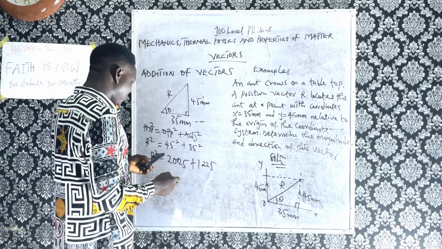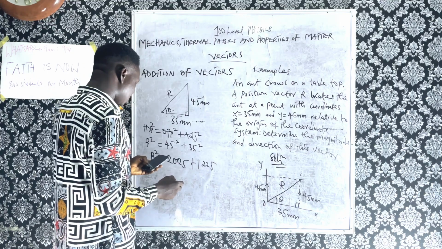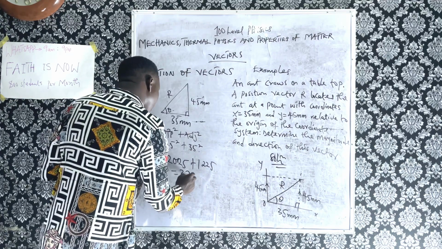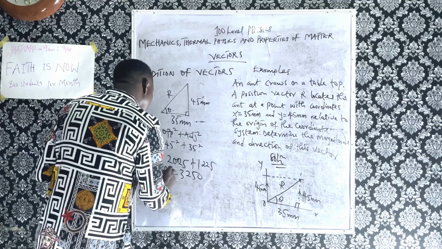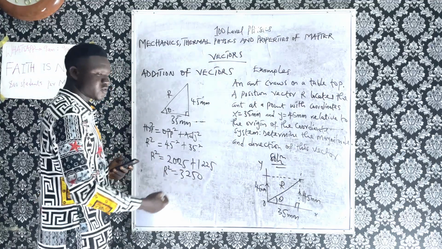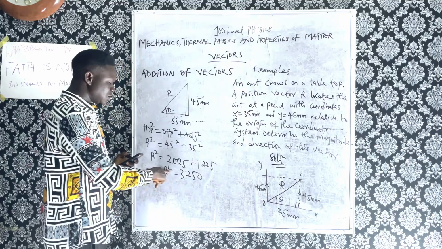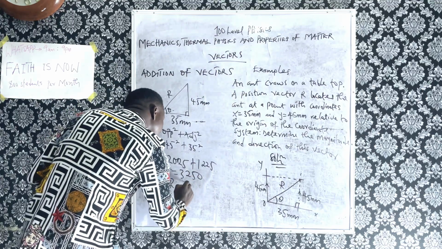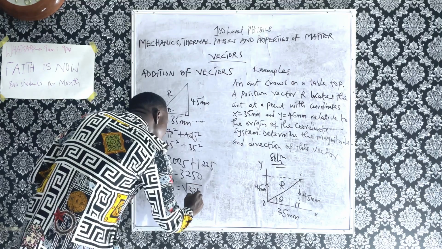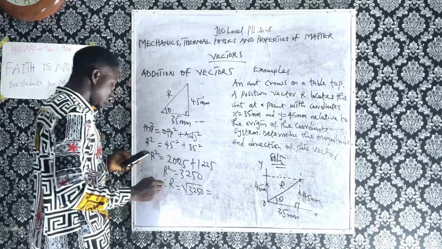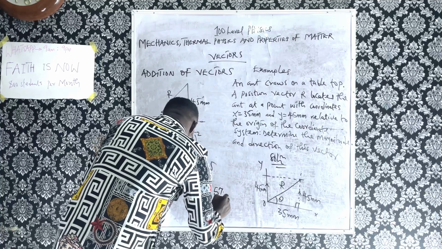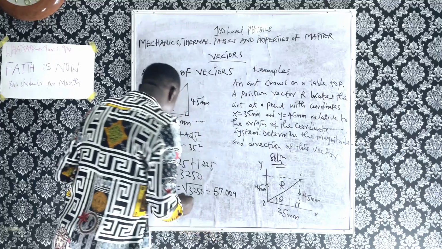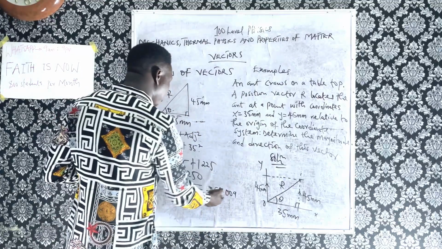So 2,025 plus 1,225 should give me 3,250. So r squared equals 3,250. For me to get r, I'll take the square root, and that should give me r equals the square root of 3,250, which is 57.009. So I can approximate it to be 57.